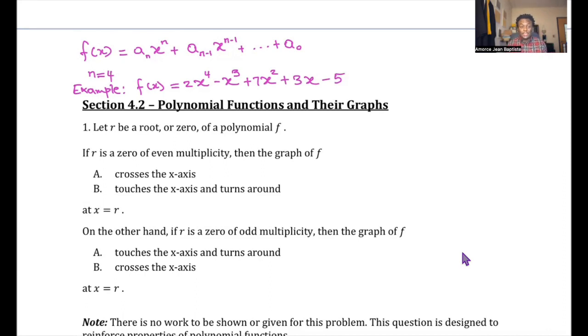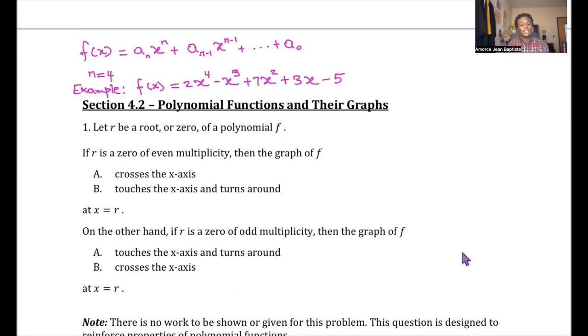So that's a polynomial. And then your leading term is 2x to the power 4. That's your leading term. And then the leading coefficient will be the 2, the number with the variable that supports the highest exponent.